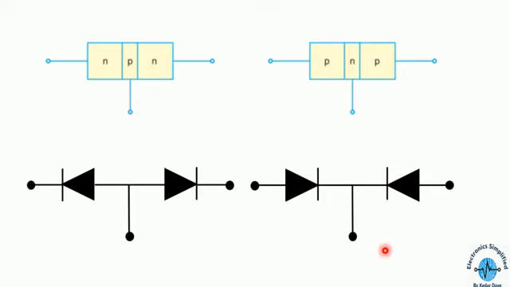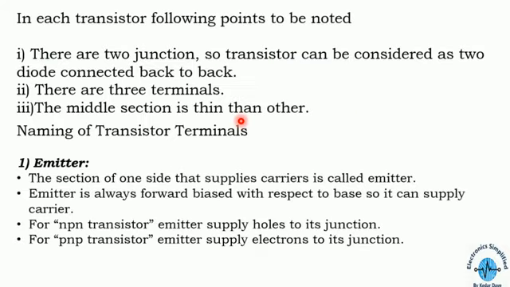There are two junctions. So a transistor can be considered as two diodes connected back to back, as we have seen, and there are three terminals. That is also an obvious thing that we can see in this particular region. One more thing we have left behind is the circuit symbol of the transistor.